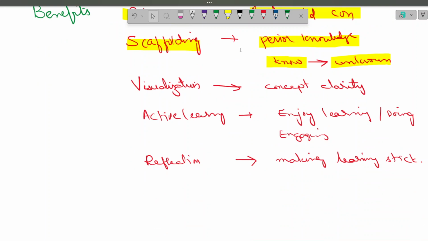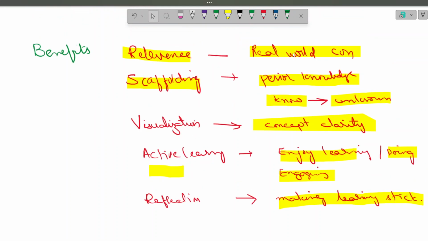And visualization: they have a clear concept, clarity of the concept, and they are active learners. If they are active learners, they enjoy what they are learning and they are engaged in your class. And reflection: they make their own reflections, they stick to it, and they get happy. Our aim is to make learning fun. They should learn the concept easily and happily, and remember it for a long time.